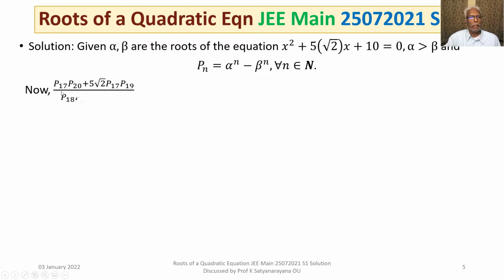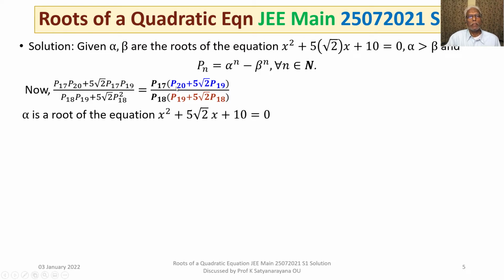Now, we take the quotient P17 P20 plus 5 root 2 P17 P19, that is the numerator, by the denominator P18 P19 plus 5 root 2 P18 square is equal to, in the numerator we take P17 common, in the denominator we take P18 common, and we write down the quotient.